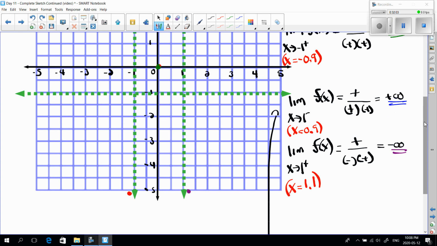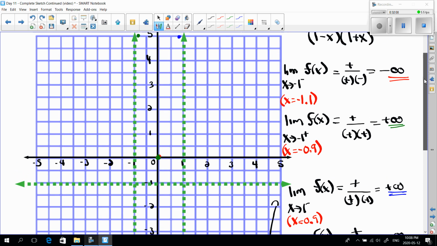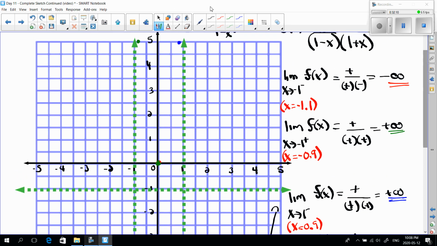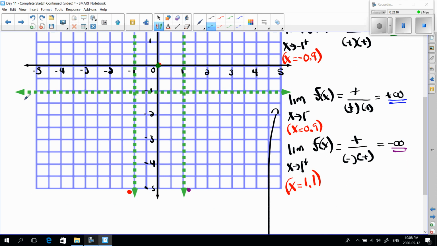And from here, now I can do my intervals of increase and decrease. I know that from negative infinity to negative 1, my function is decreasing. I also know that the further left I move, the closer I get to the horizontal asymptote of y equals negative 1.